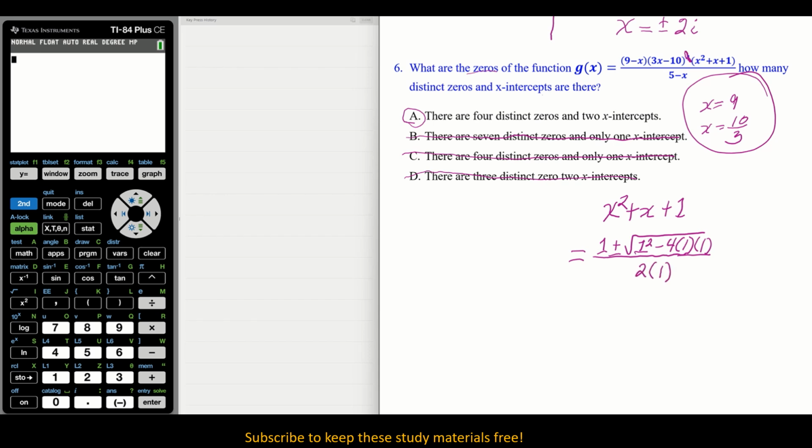And in the end, that's a negative right there. This actually becomes negative 1 plus or minus, bring out the i and leave the square root of 3, over 2. Two complex values. So those didn't have anything to do with our choice of A in the first place. So obviously that is correct.